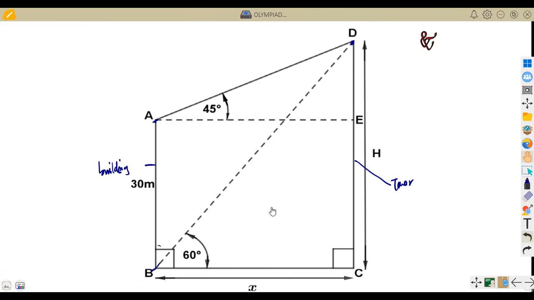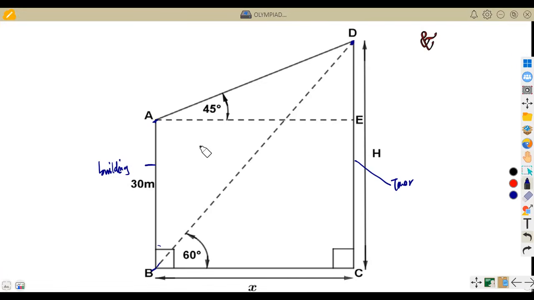So we need to calculate any side that is possible to calculate. We are going to try to calculate the side BD, because if we have side BD, we can calculate the height.